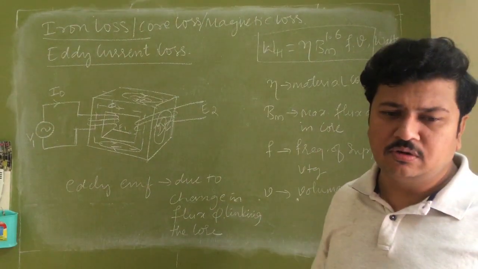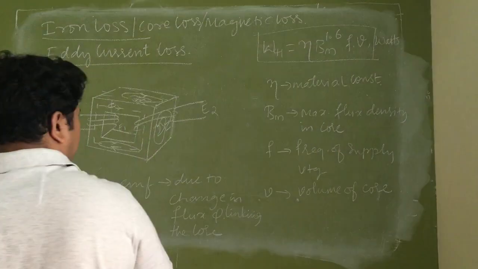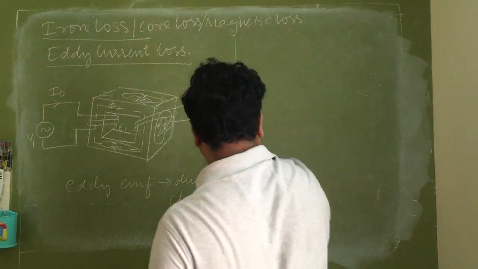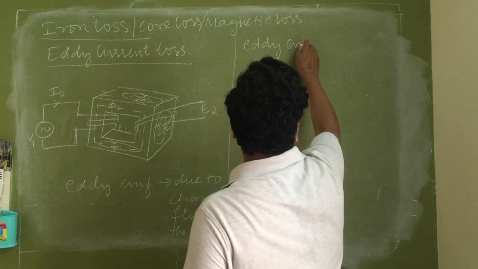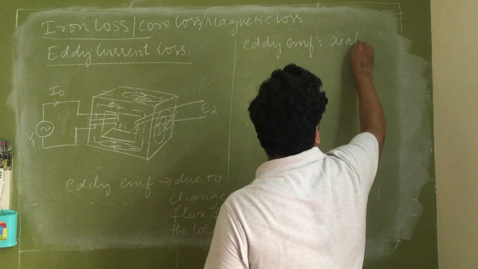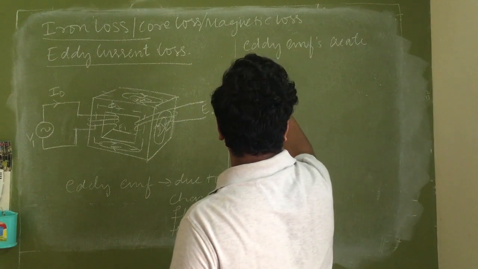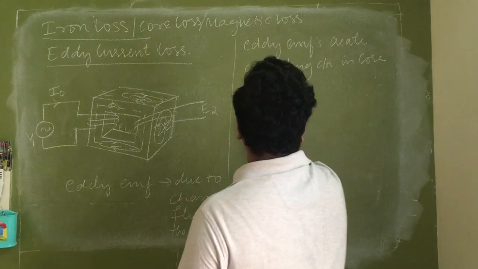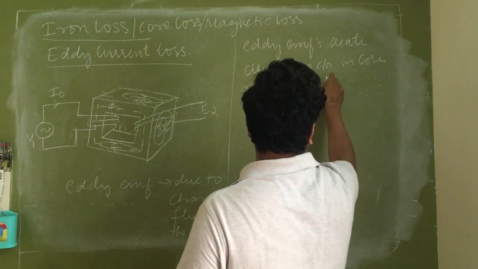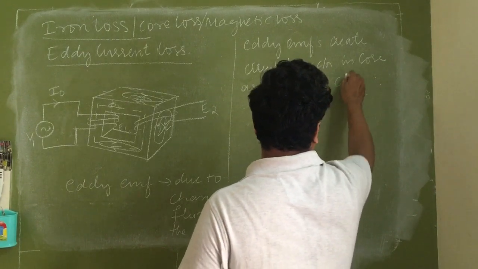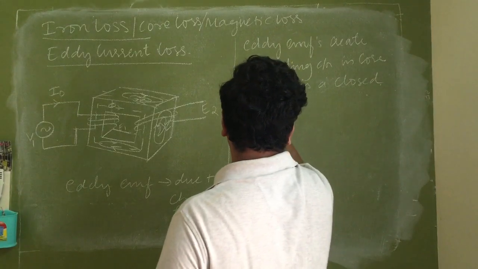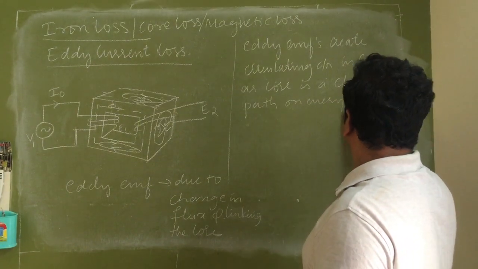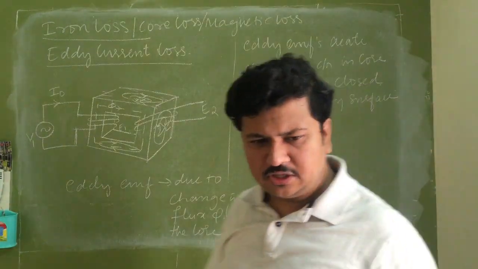So these eddy EMFs create circulating currents in the core, as the core is short circuited, or the core is a closed path on every surface and even inside the bulk of the material.